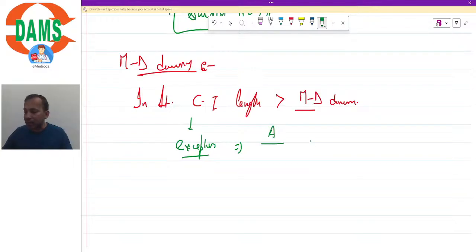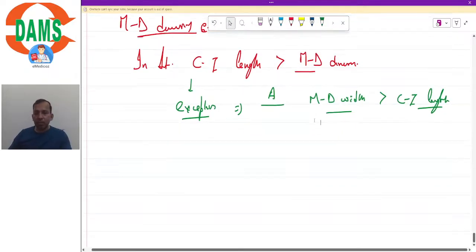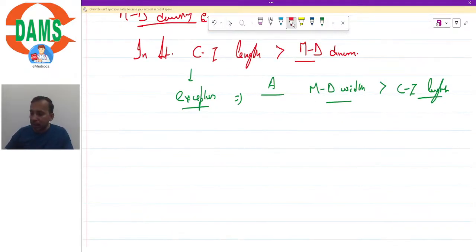In case of the deciduous maxillary central incisor, the mesodistal width is greater than the cervico-incisal length. So this is the only anterior tooth where the mesodistal width is greater than the cervico-incisal crown length, right? We have to keep this in mind, because sometimes a question may be asked on this.